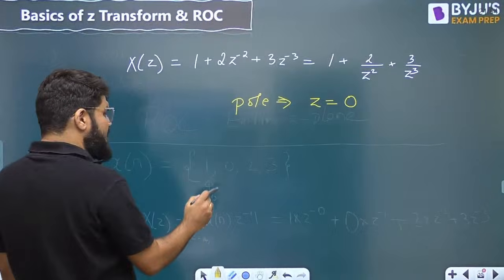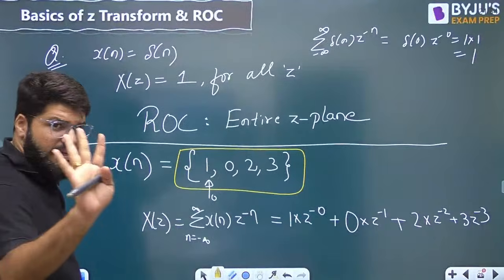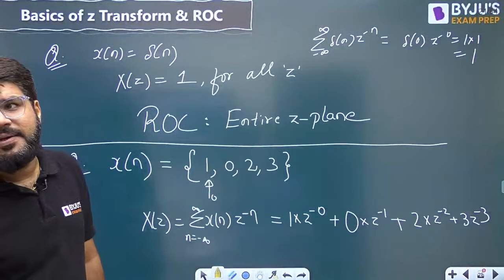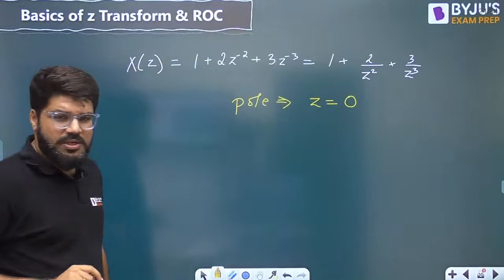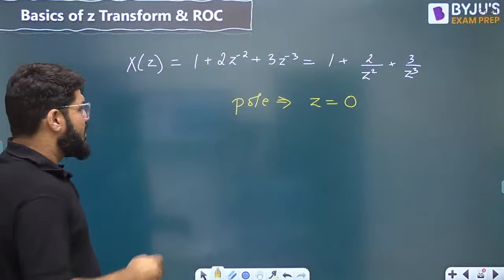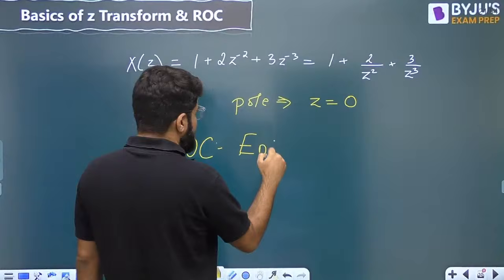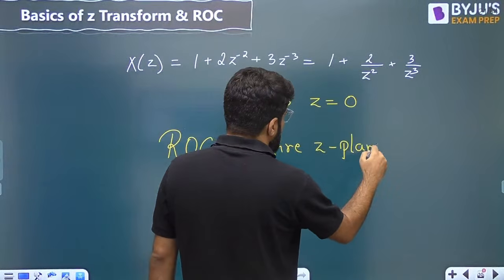So it is a finite duration signal. The total length is 4. It is finite duration, but z equal to 0 cannot be in the ROC, right? So what is the ROC? It is the entire Z plane, finite duration, entire Z plane, right?